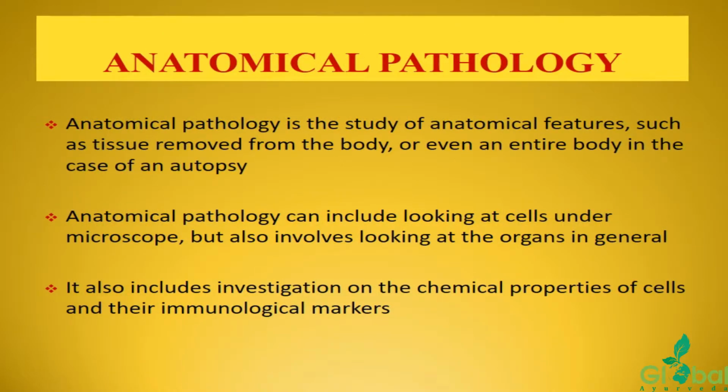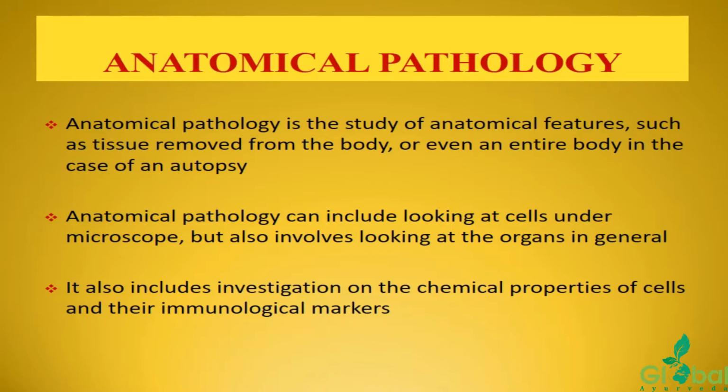First, anatomical pathology. Anatomical pathology is the study of anatomical features such as tissue removed from the body or even an entire body in the case of an autopsy. In autopsy-related conditions, we go for certain studies regarding a portion of the body or the entire body, selected for a complete study.